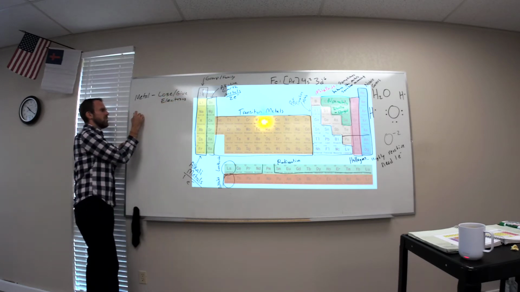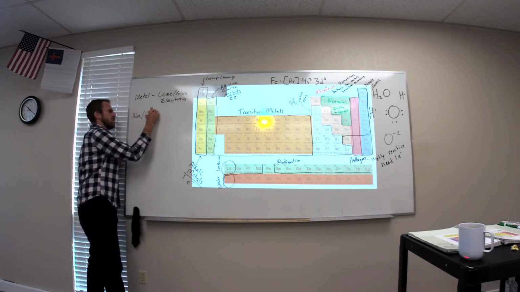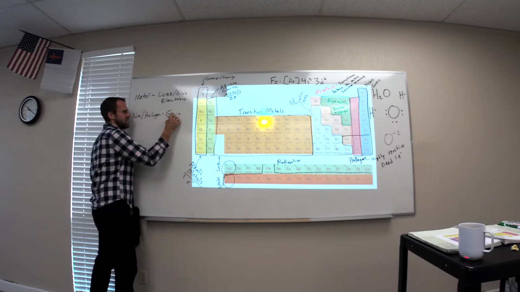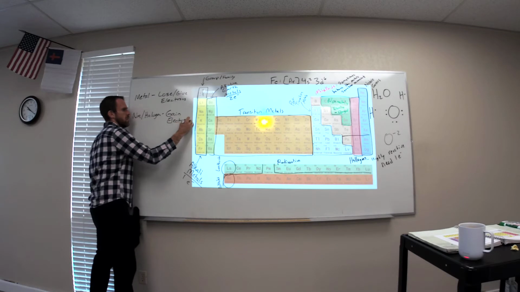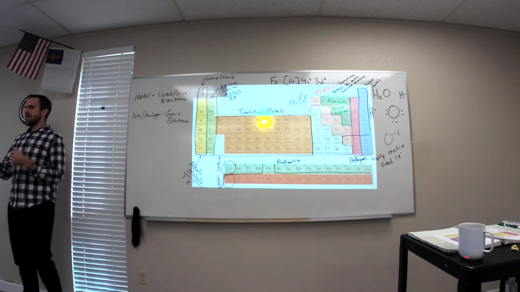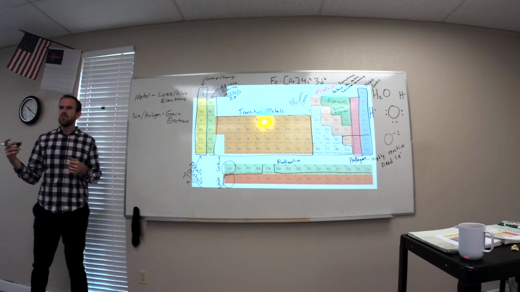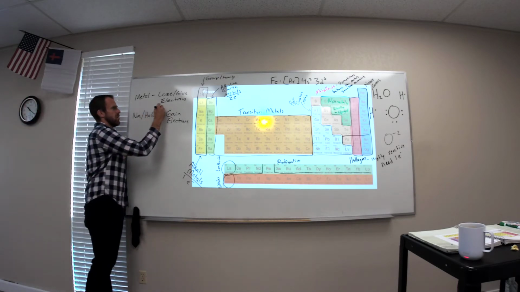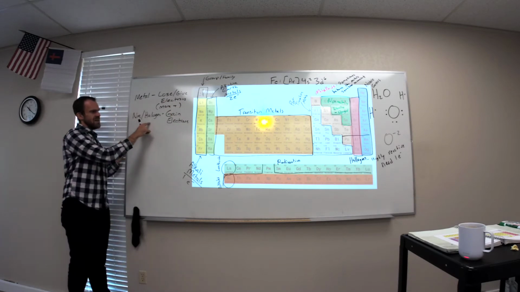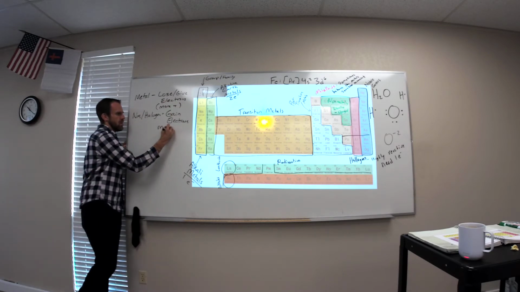If you have a non-metal or a halogen, it wants to gain electrons. So metals will become more positive or negative? More positive. Non-metals and halogens will become more negative.